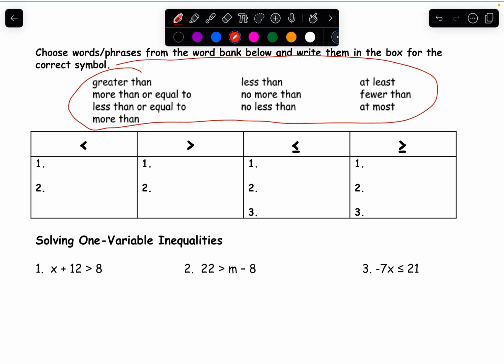But we'll go ahead and take a look at what we have here. So greater than, all right, well that one's pretty straightforward. Hopefully you put it under this one here because greater than is exactly what that symbol means as we read it from left to right. More than or equal to, that's greater than or equal to, would be this one over here.